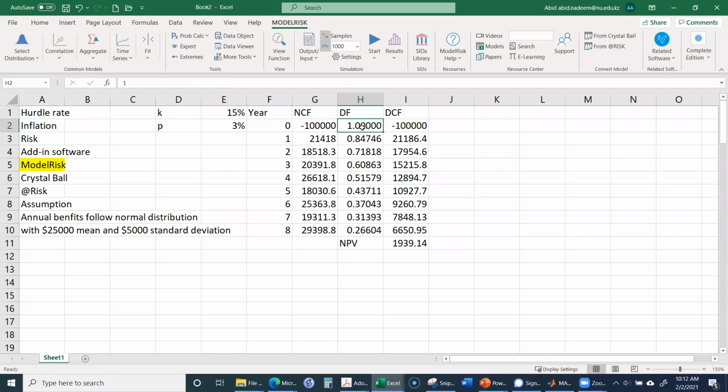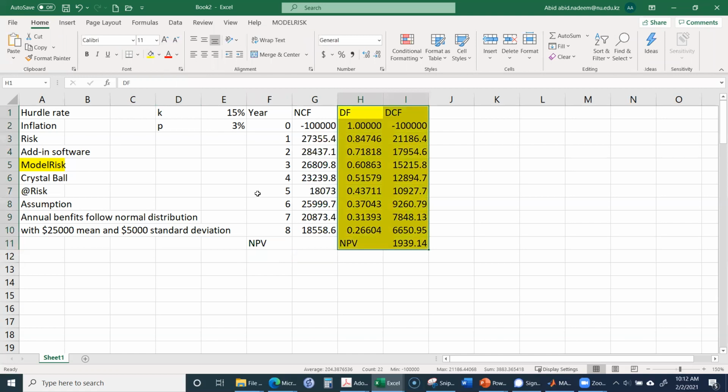Okay, I can then copy it. Or maybe I can just find the net present value. I don't need these columns actually. I can just calculate the net present value by the inbuilt Excel function as well. So just ignore these values, okay? I can get the net present value by this.